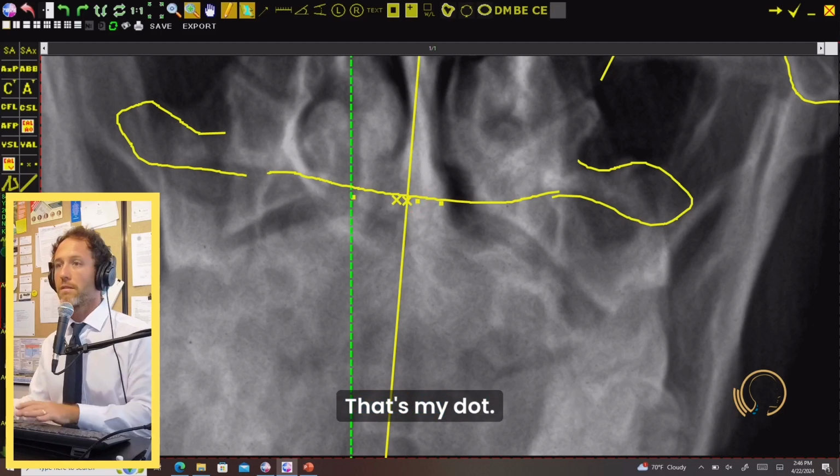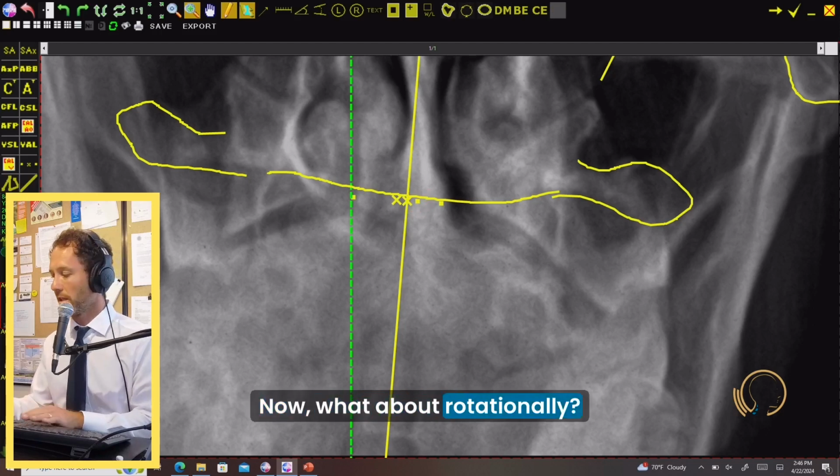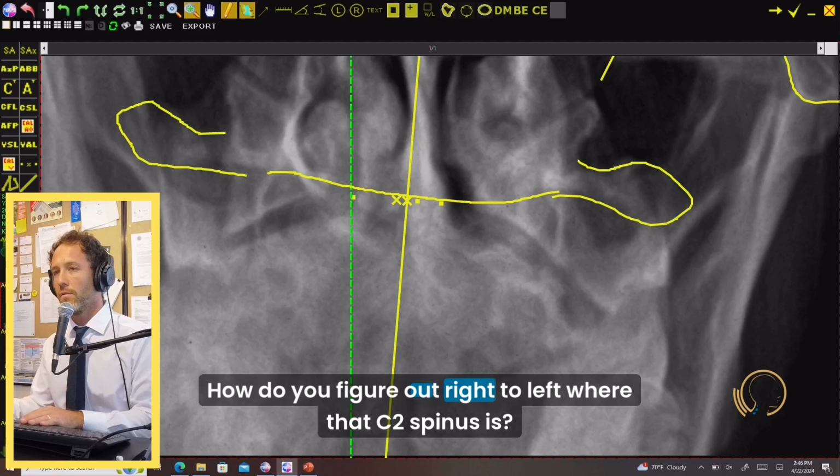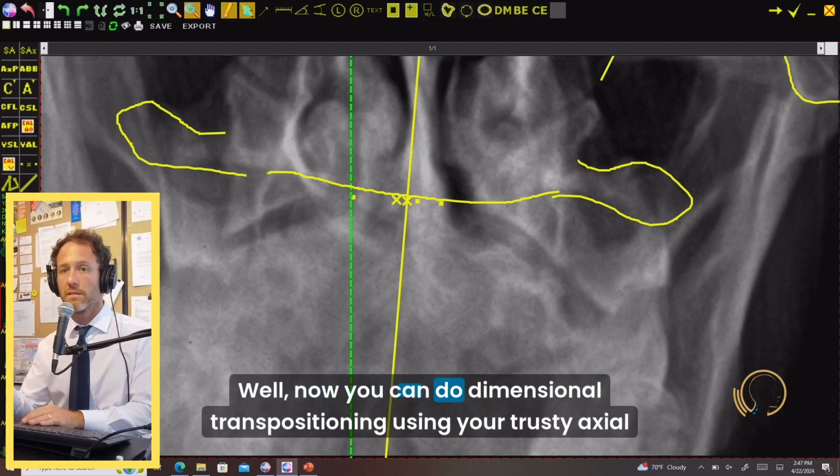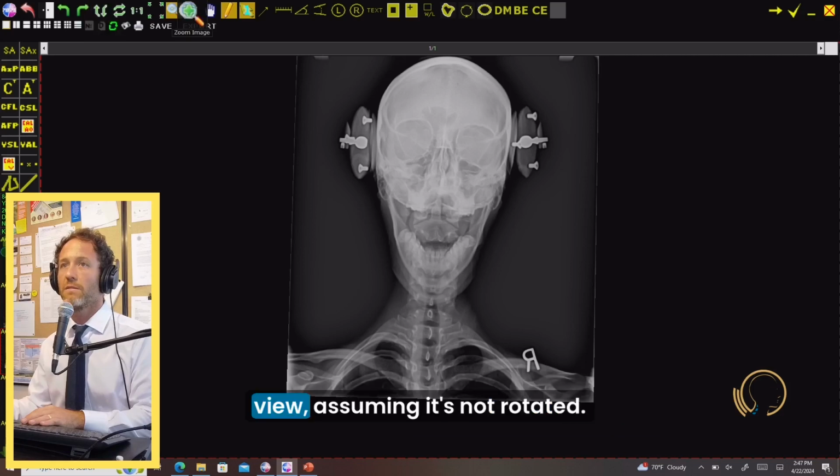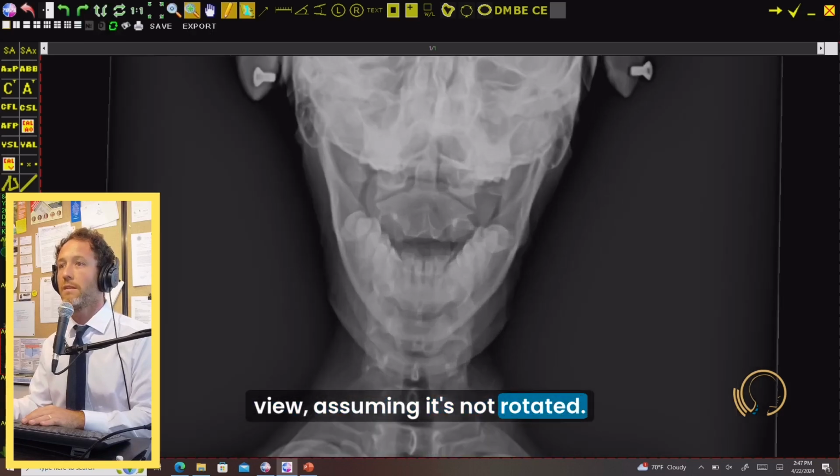That's my dot. Now, what about rotationally? How do you figure out right to left where that C2 spinous is? Now you can do dimensional transpositioning using your trusty axial view, assuming it's not rotated.